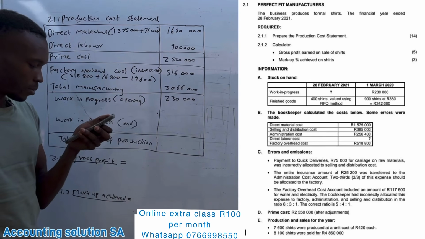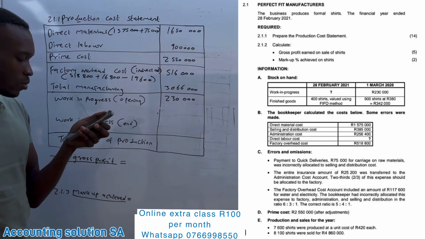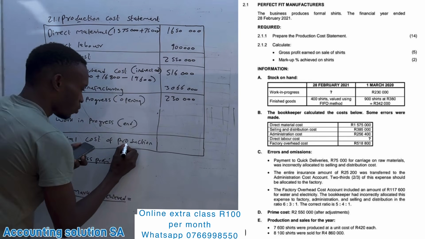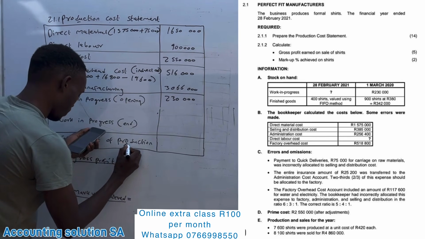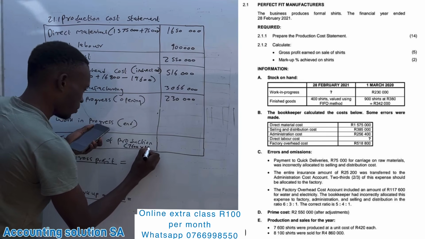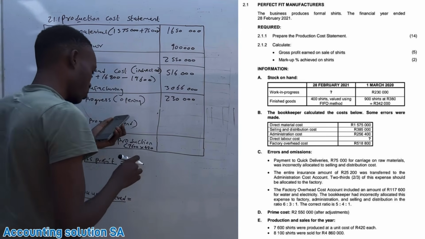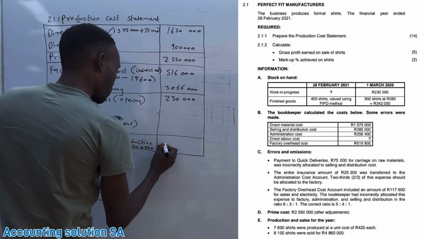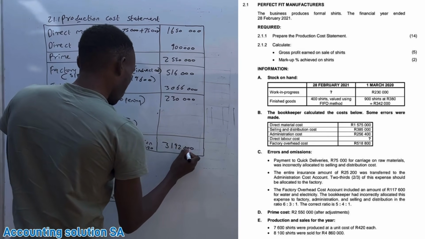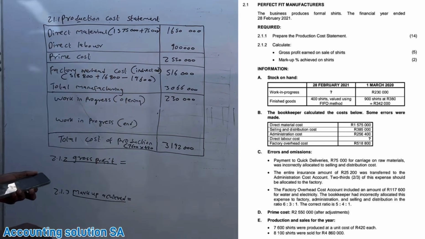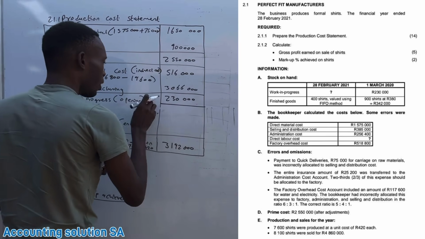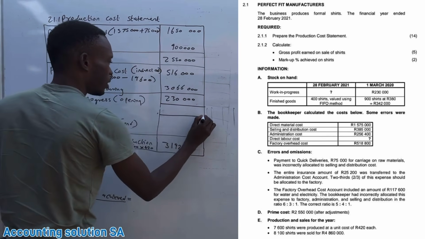Number E, 7,600 shirts were produced at a unit cost of 420. We're just going to multiply these two, 7,600 multiplied by 420, which is going to give us 3,192,000. Now it's going to be simple. We just have to get the total after this one, then we're going to get our opening balance.